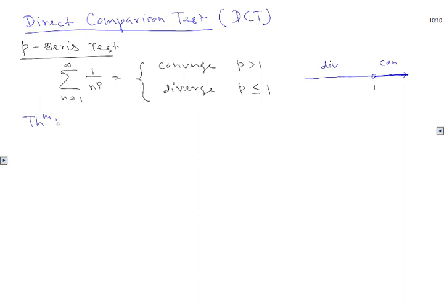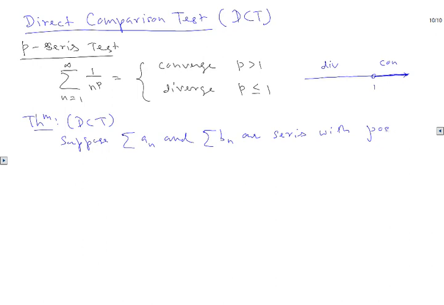So what is the theorem about? This is the DCT, the direct comparison test. Suppose we have two series, the sum of a_n and the sum of b_n, that are series with positive terms.